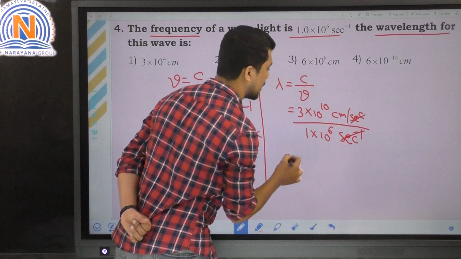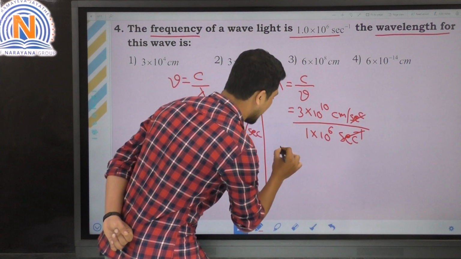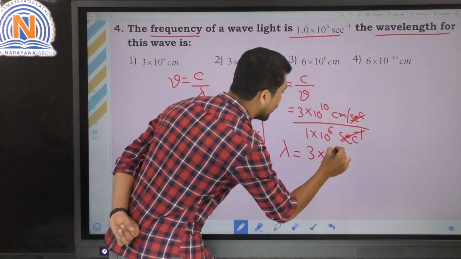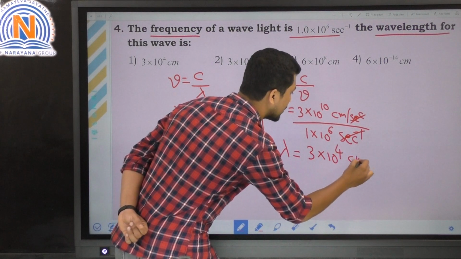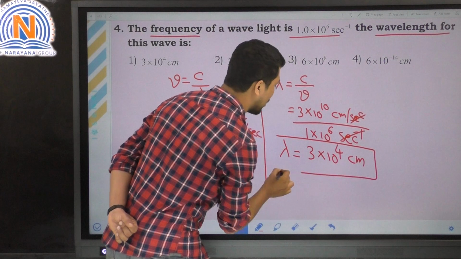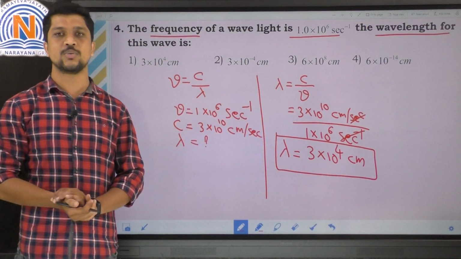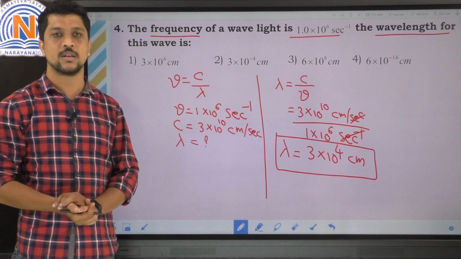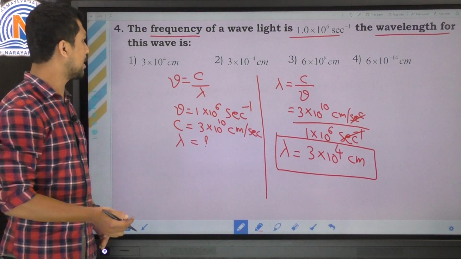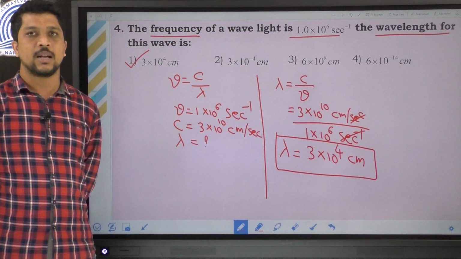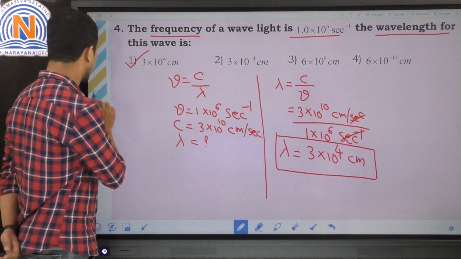Second will cancel, then lambda equal to 3 into 10 power 4 centimeters. This is the wavelength of a radiation with frequency 1 into 10 power 6 second inverse. The correct option is the first option. Clear? Let's move on to the next question.